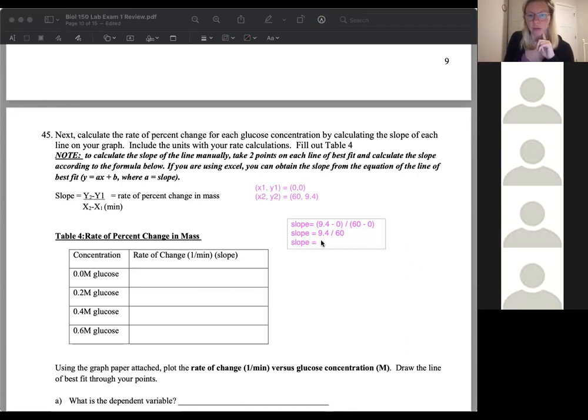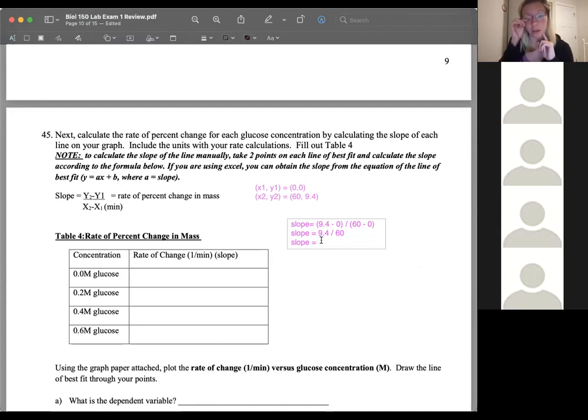We'll say 0.16, rather than 0.2, because that doesn't leave us a lot of numbers. And that's how you would calculate the rest of these slopes.